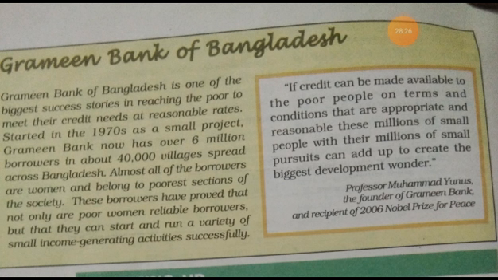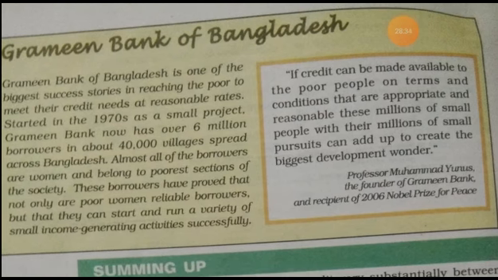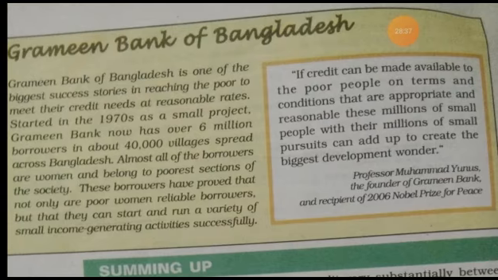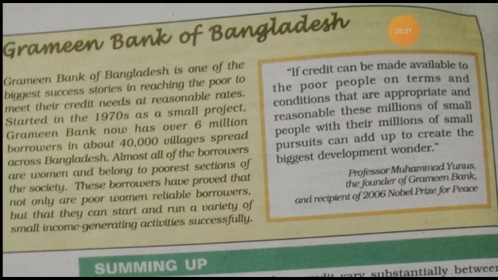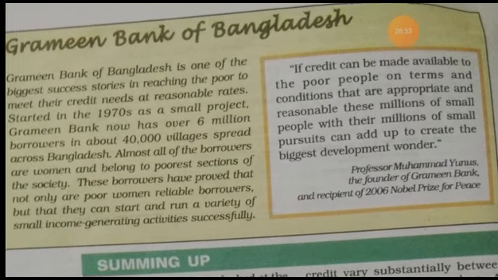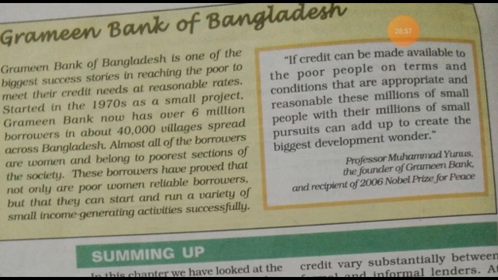This saying is of Professor Muhammad Yunus, the founder of the Grameen Bank. This Grameen Bank is eager to give loans to borrowers who are poor, and it received the 2006 Nobel Prize for Peace.